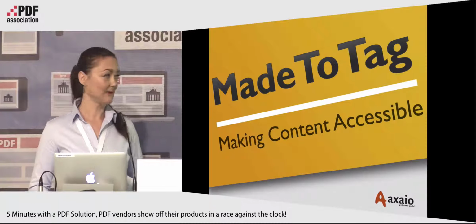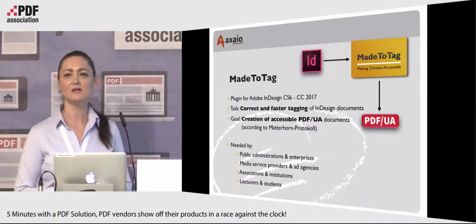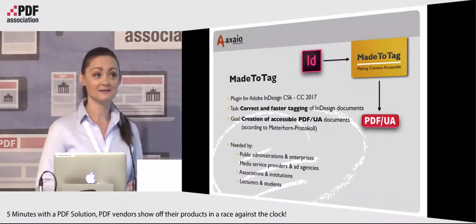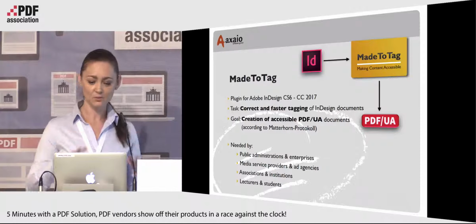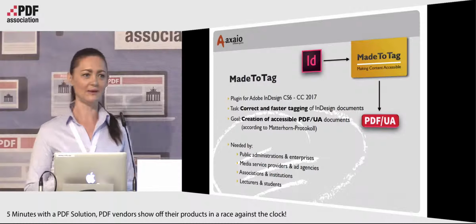So let's start with Made to Tag. As mentioned, Made to Tag is a plugin for InDesign to tag InDesign documents in a more reliable and faster way, with the goal to get an accessible PDF compliant with the PDF UA standard.